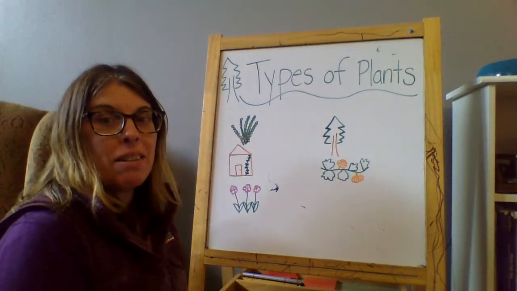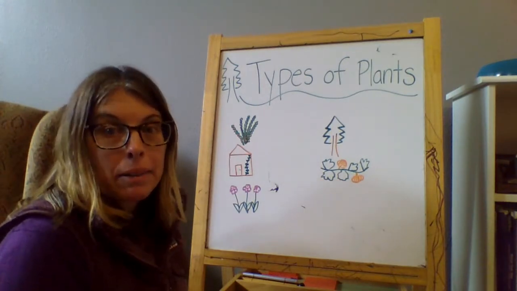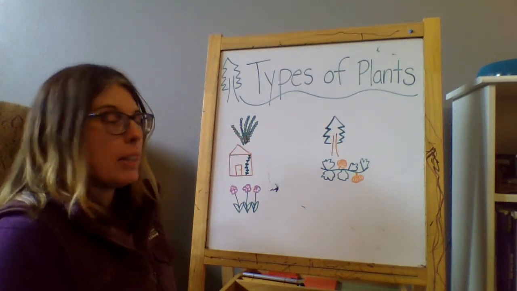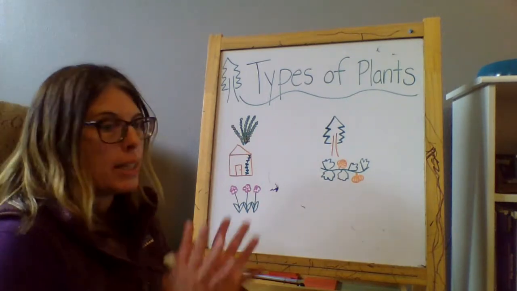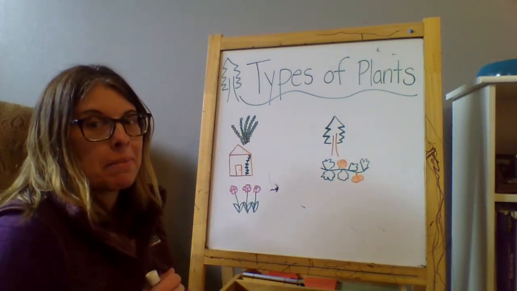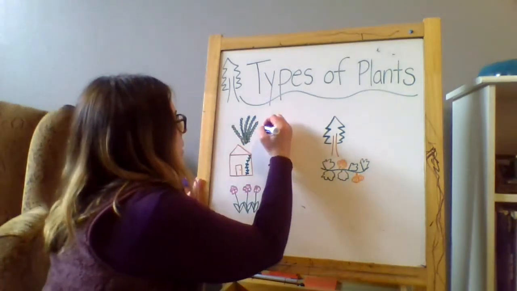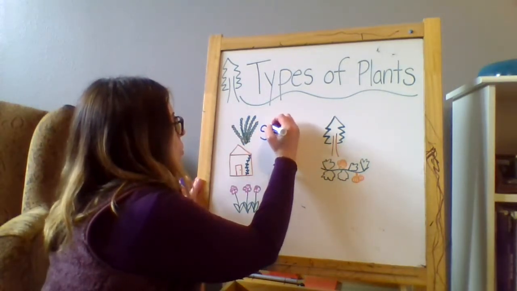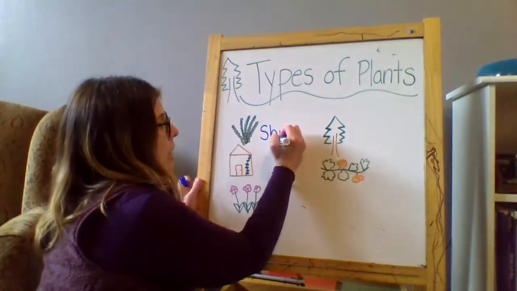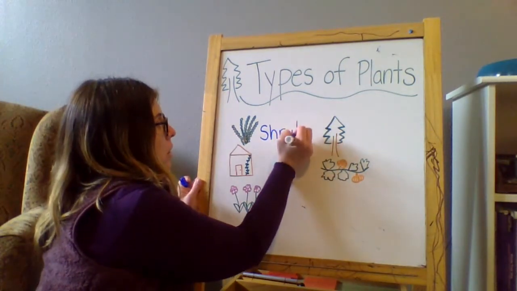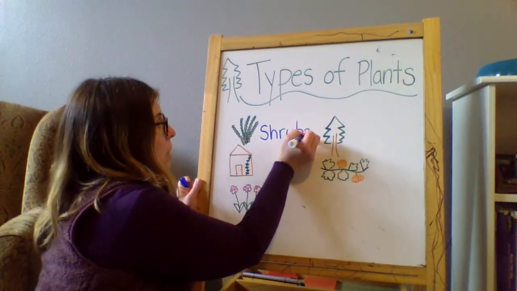And they're usually not super big. They're medium in size, I would say, but lots of woody stems and branches. That's a shrub. So shrubs are one type.